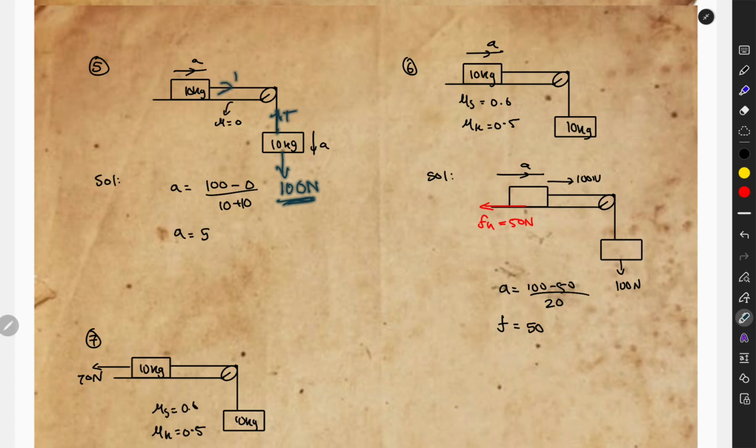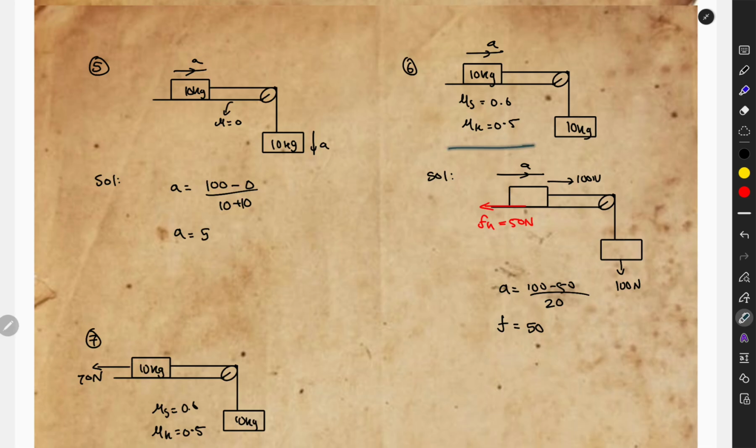So here tension force will be applied, and here they have said that mu is equal to 0. So when mu is equal to 0, I can directly tell 100 minus no force applied at the top, divided by the total mass, which is 20. So you will get 5 as the answer.